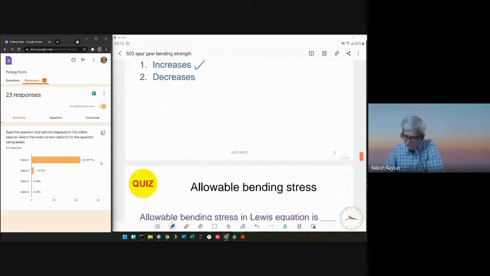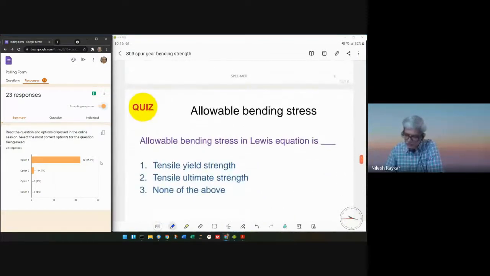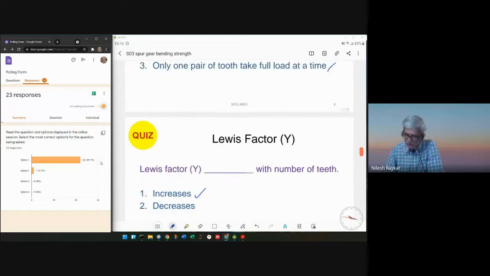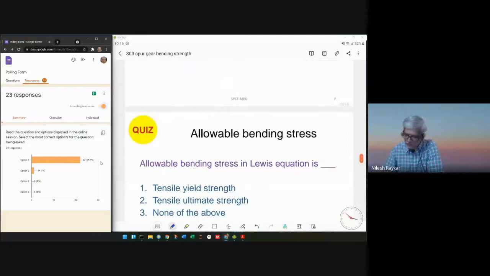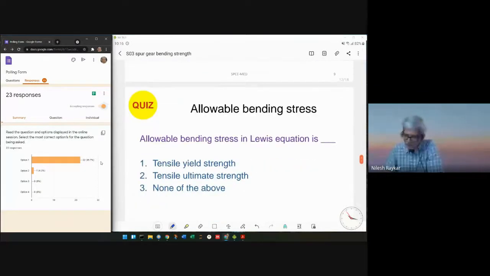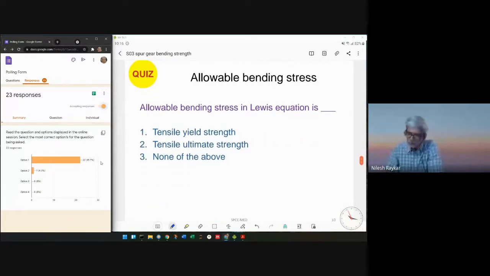Oh, we have one more. Okay, we did not discuss the allowable bending stress. So let me talk with respect to this particular equation. In the Lewis equation, which is Pt equal to m b sigma b Y, sigma b is the allowable bending stress.